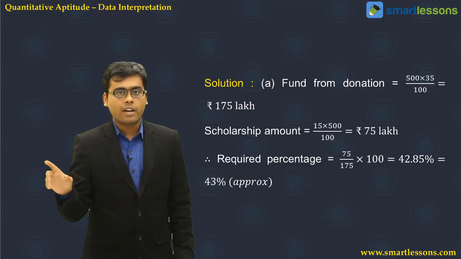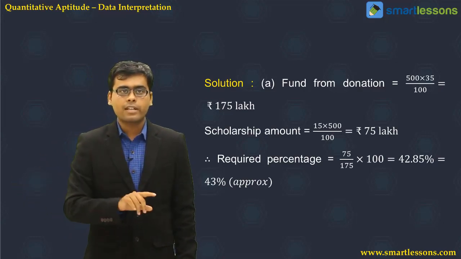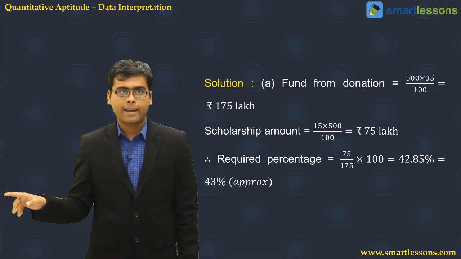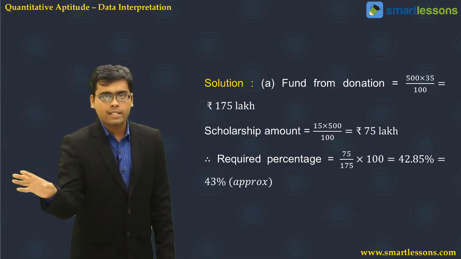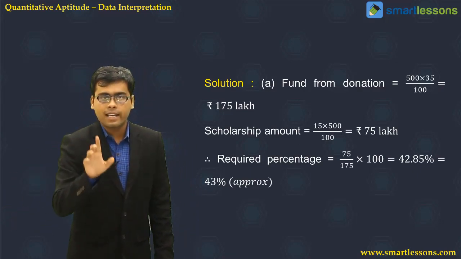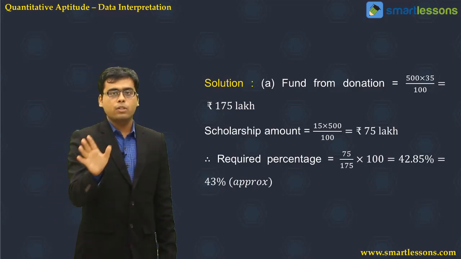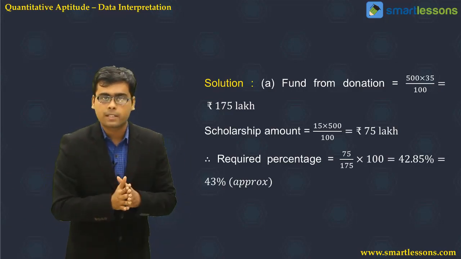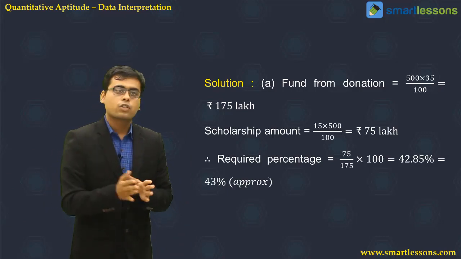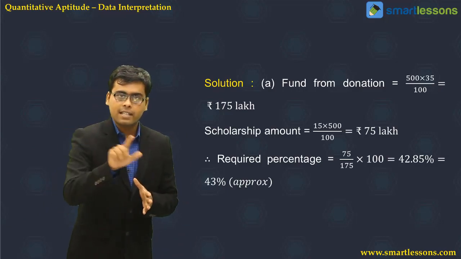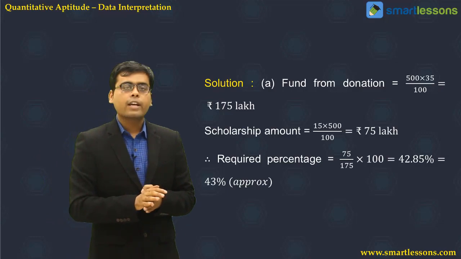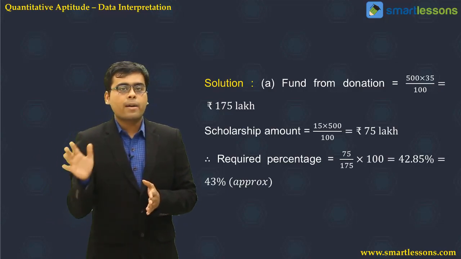The total fund is 500 lakh, and 35% of it is 175 lakh. So through donation the school is getting 175 lakh. Now the scholarship to be paid is 15% of the total fund. So 15% of 500 is 75 lakh, right?